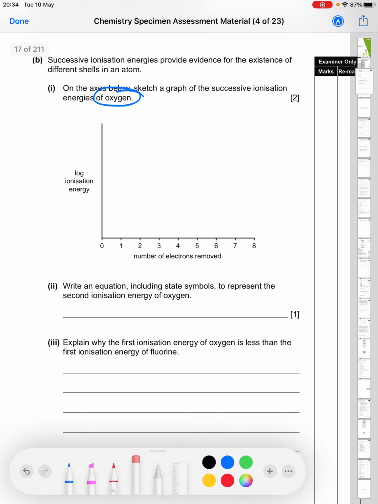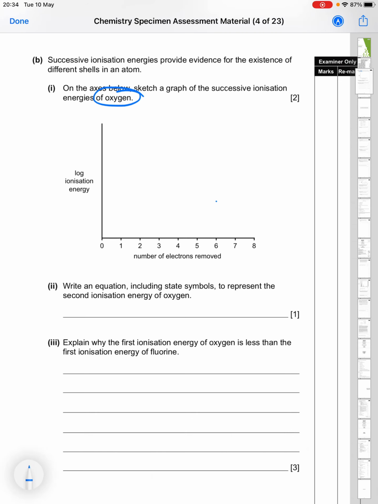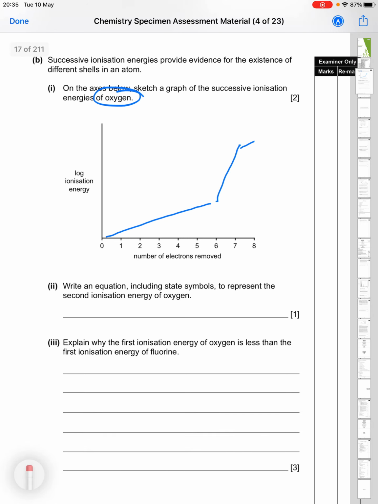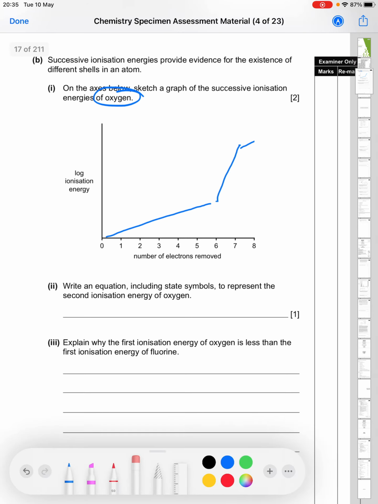7. So what I'm going to do here is just throw in a couple of little dots so that I know I'm going to draw my big jump there between 6 and 7, and then you need to show that the ionisation energy increases as you're going across the graph, but that the big jump is between 6 and 7.